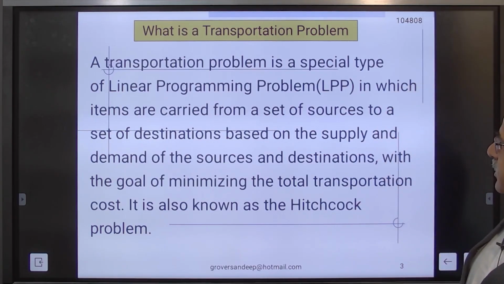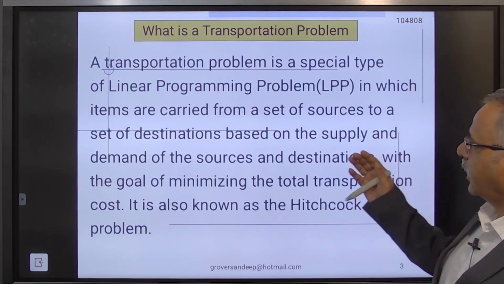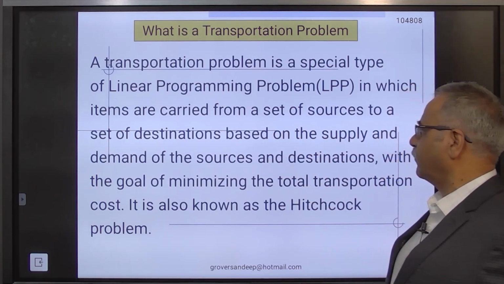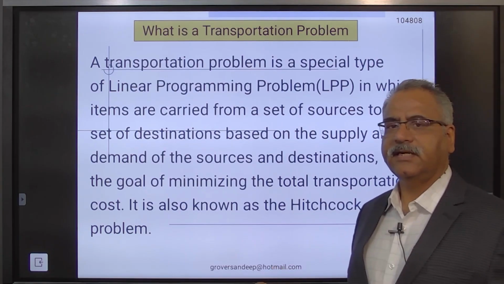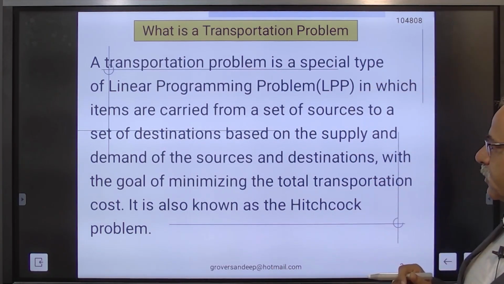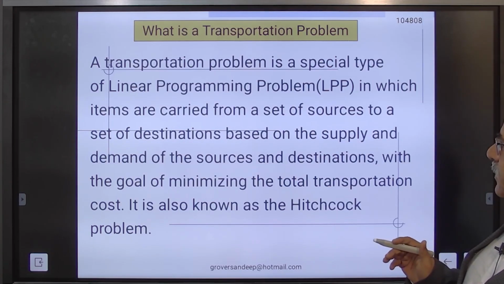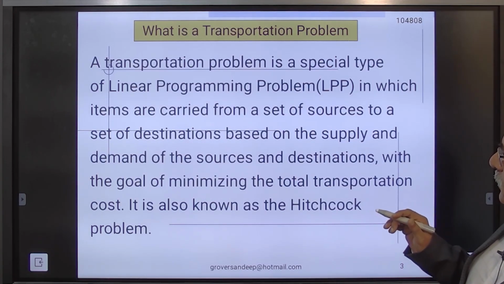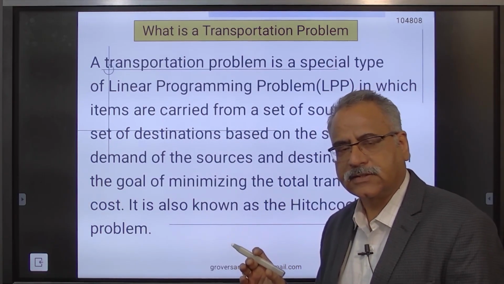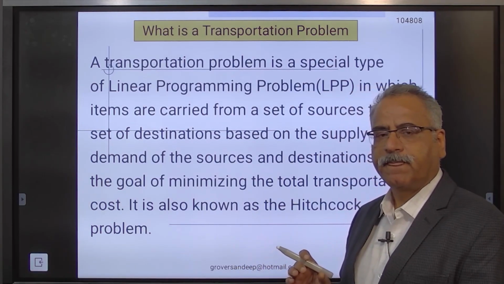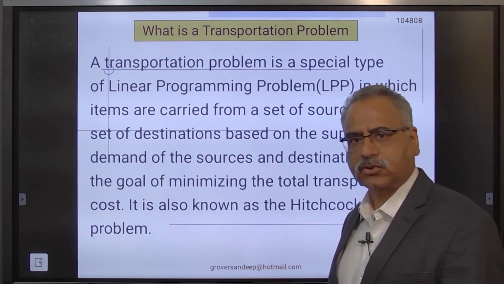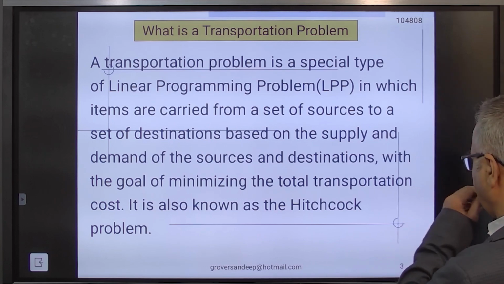So it is a special type of linear programming problem in which items are carried from a set of sources to a set of destinations based on the constraint that there are different supplies and demands for the resources or for the warehouses, and the purpose here is to transfer those units from the supply to the warehouses in such a way that the constraints are also met and the total cost of transportation is minimized.